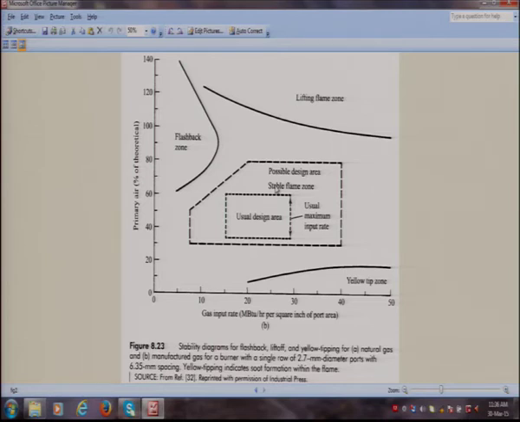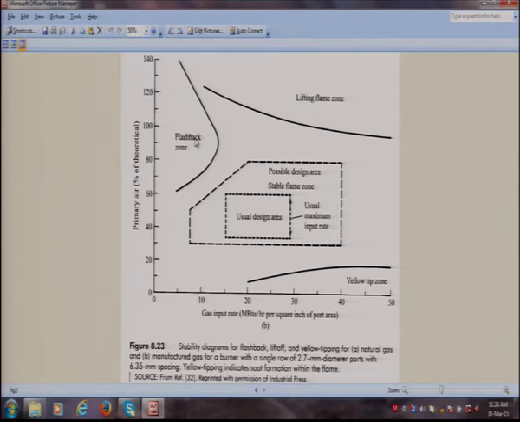So this second plot is very similar to the first one, but the manufactured gas has some hydrogen, and you will see that the flashback zone has widened. So now, even with higher values of gas input rate, you can get flashback.